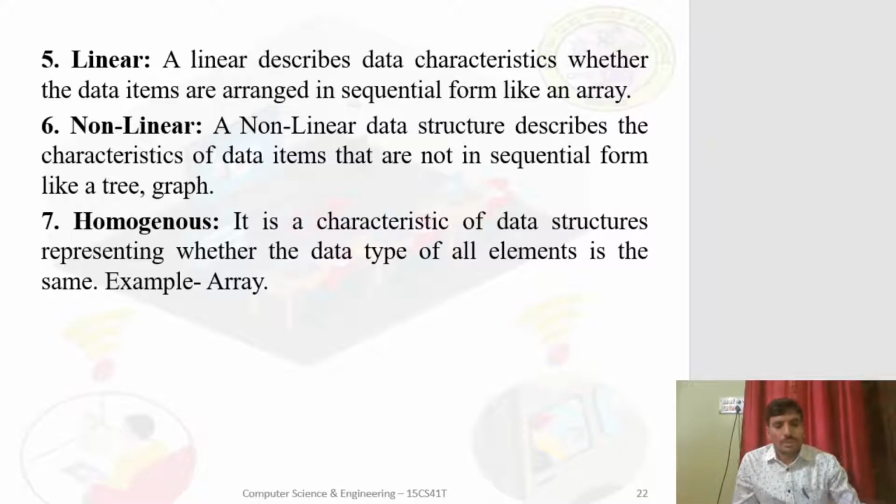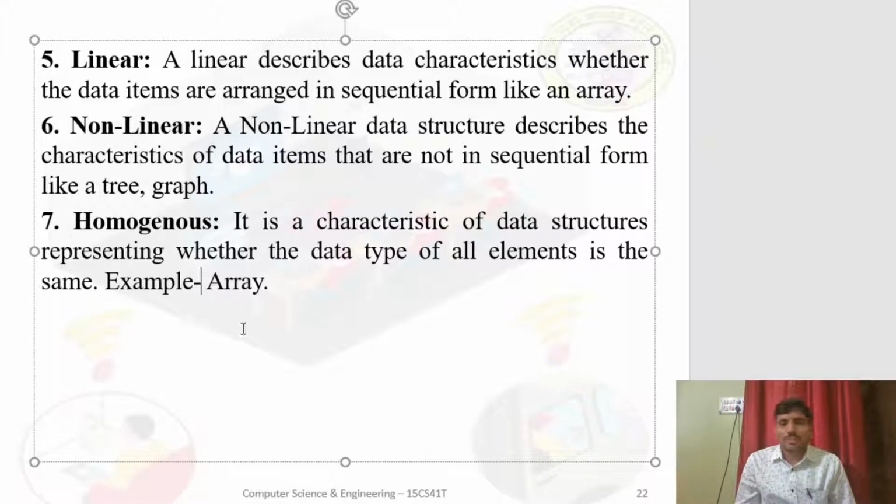Okay, a linear data structure describes whether the data items are arranged in sequential form like an array, or a non-linear data structure describes the characteristics of data items that are not in sequential form like trees or graphs.